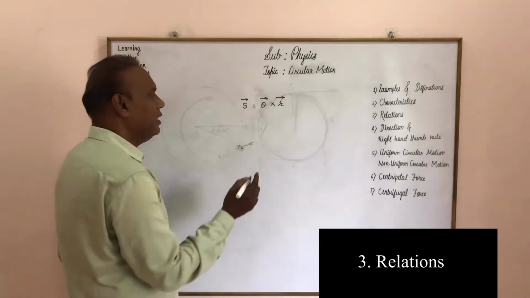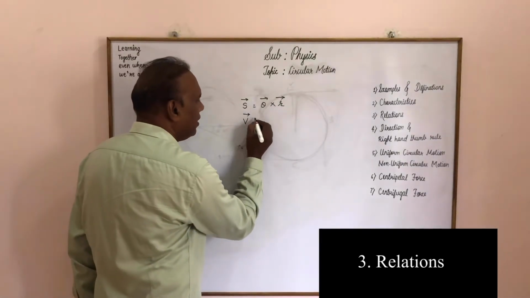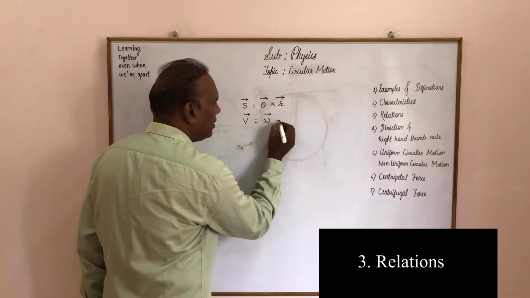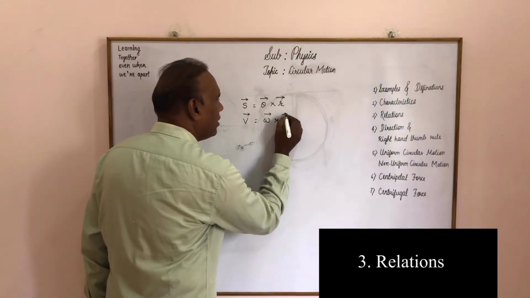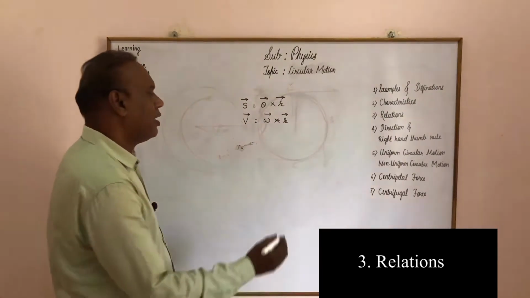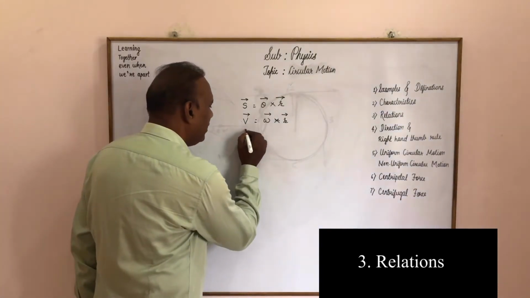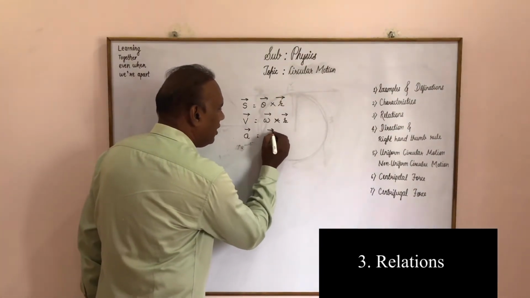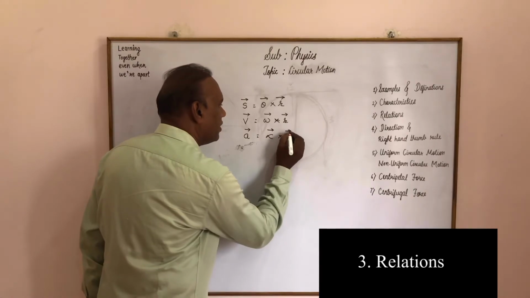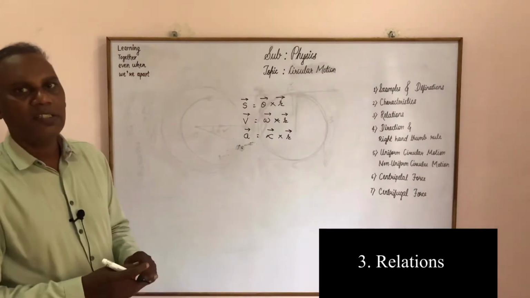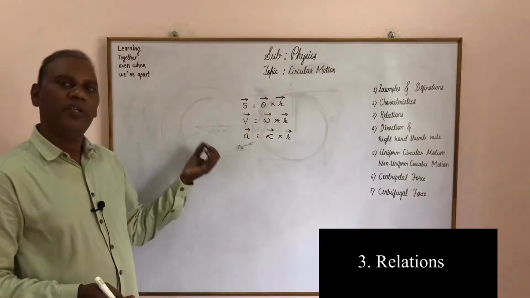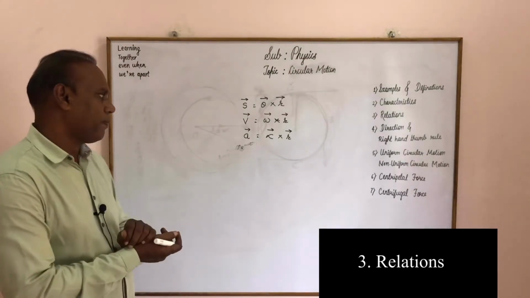The relation between linear velocity and angular velocity is like this, and the relation between linear acceleration and angular acceleration is like this. These relations were derived in 11th standard.